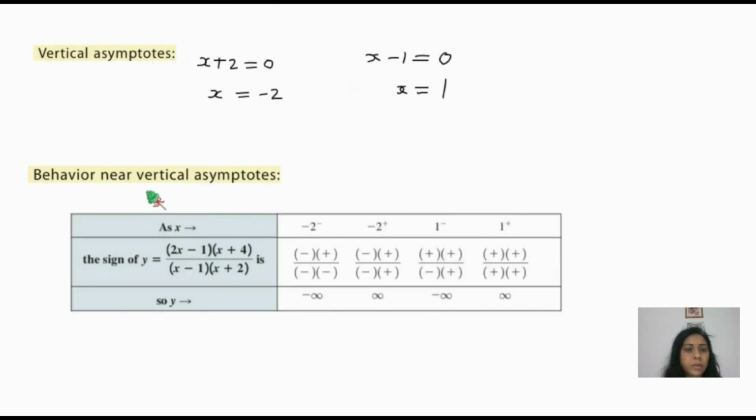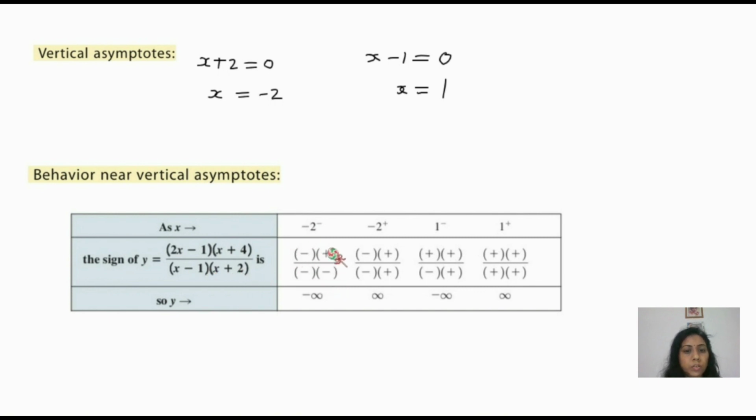Okay, so this is the behavior near the vertical asymptotes. This is the given rational function, and here we check the sign of y. So when we approach −2 from the left side, this one is negative, this one is positive, this one is negative, this one is negative.